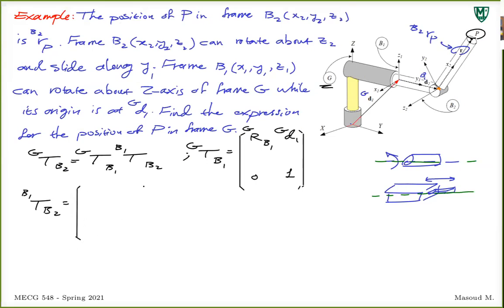So that will give you R, the rotation matrix B2 to B1. And this is going to be D, the position of the origin of B2 in B1, which we represented with D2B1, and then we have 0 and 1.